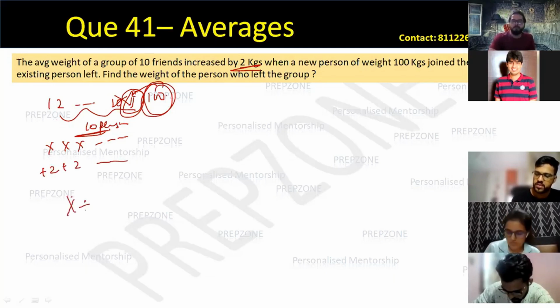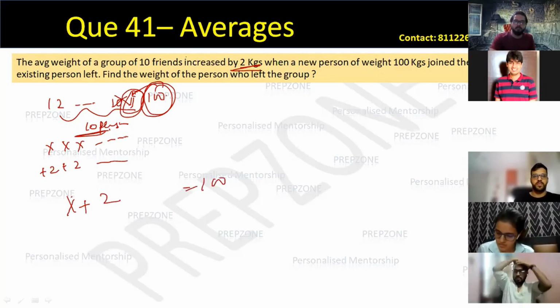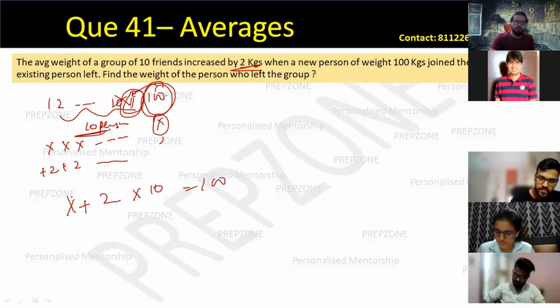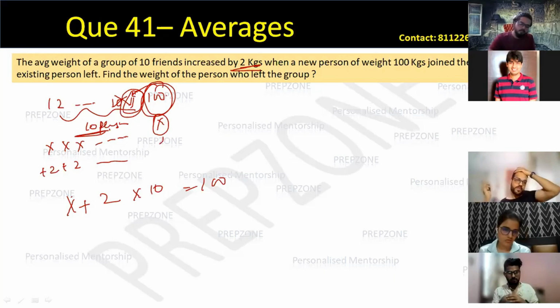The equation becomes: X was the initial average, plus this new person's weight is 100, and this 100 should be equal to whatever the initial average is, say X plus 2, into 10, because we have 10 people. So this weight should be good enough to give +2 to all the 10 people, which means X must be 80 kg.